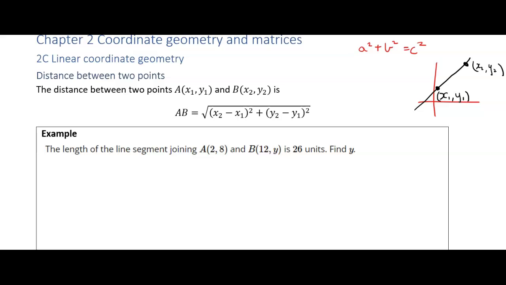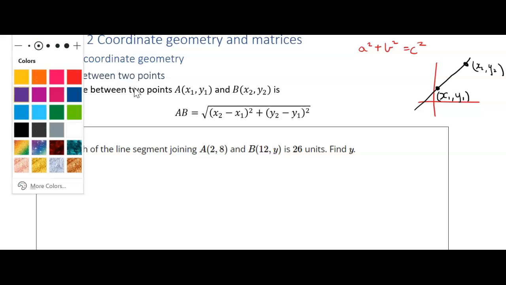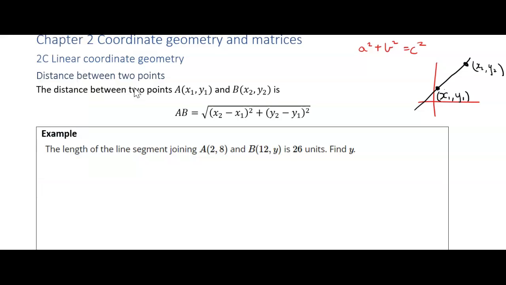But the way that we get Pythagoras' theorem is if I turn that into a right angle triangle, you've got, as our hypotenuse, that is the distance between the 2 points. Now, if you're wondering how we get the other two sides, the a and b, in our formula, all right, so remember Pythagoras is a squared plus b squared equals c squared. So a and b are your two shorter sides.